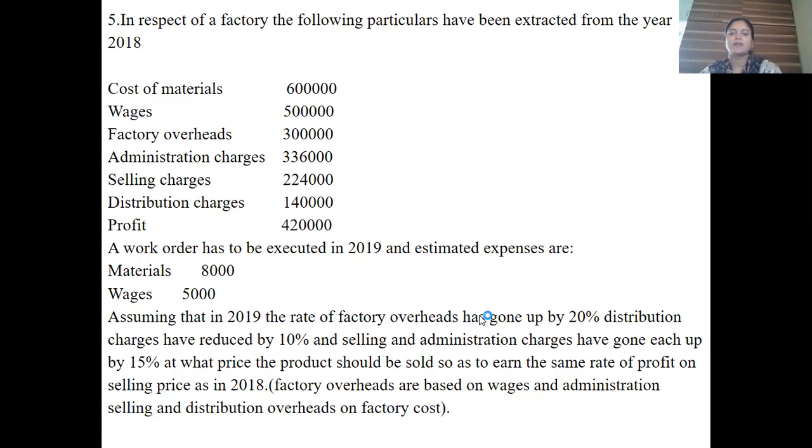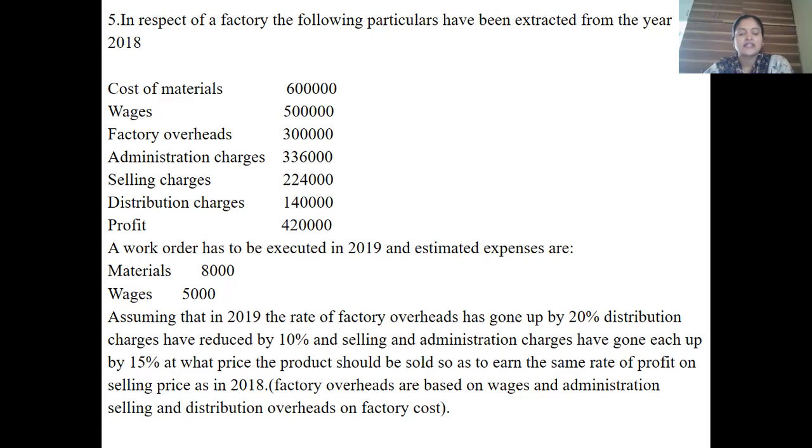If it has gone up by 20%, how do we need to calculate? Charges have reduced by 20%, distribution charges have been reduced by 10%, and selling and administration charges have gone up by 15%. At what price the product should be sold?